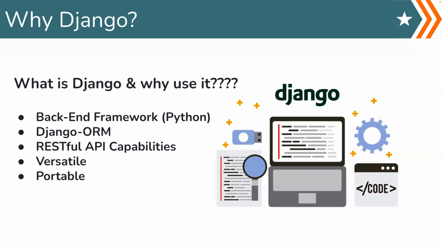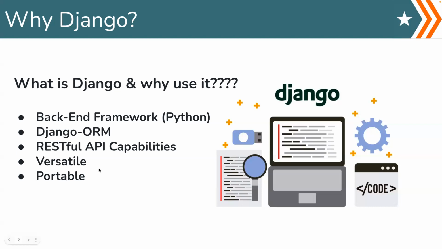It has RESTful API capabilities. We'll go into what a RESTful API entails over the next couple of days. It's too much to explain quickly in about 30 seconds. And then the next thing is it's very versatile and it's portable.